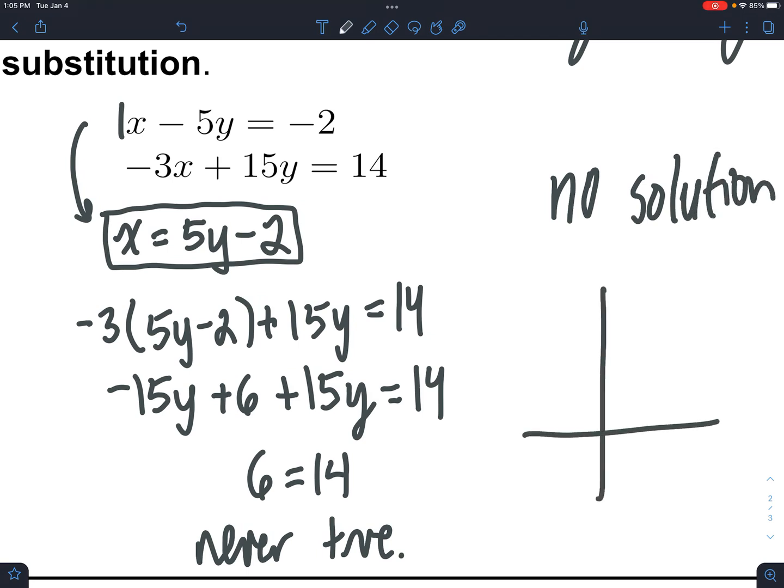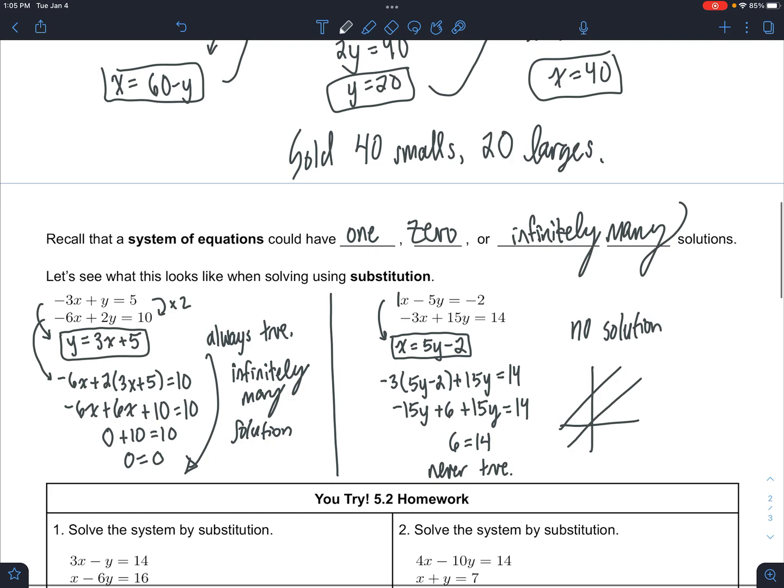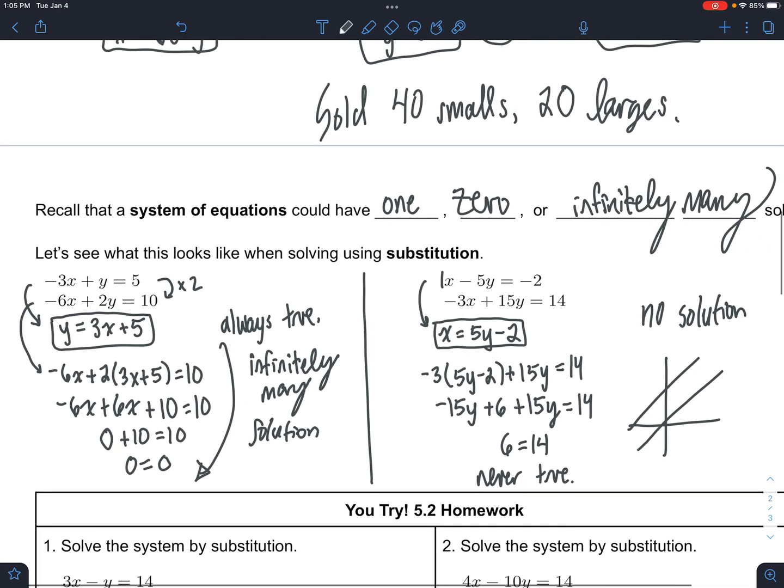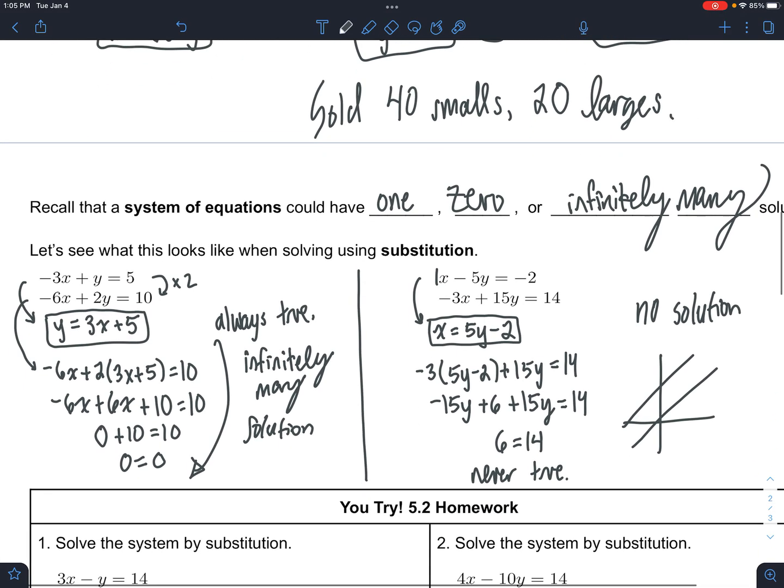So you should be thinking, with no solution, you should be thinking of lines that never touch. Never true. It's never true that both are true, okay? So these lines have the same slope, but they don't hit the y-axis in the same spot, okay? And you can graph any one of these, anything on here, and you'll see that behavior showing up on Desmos.